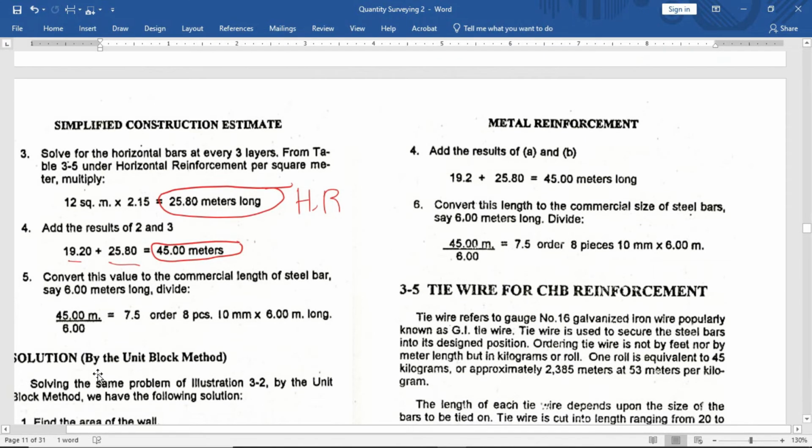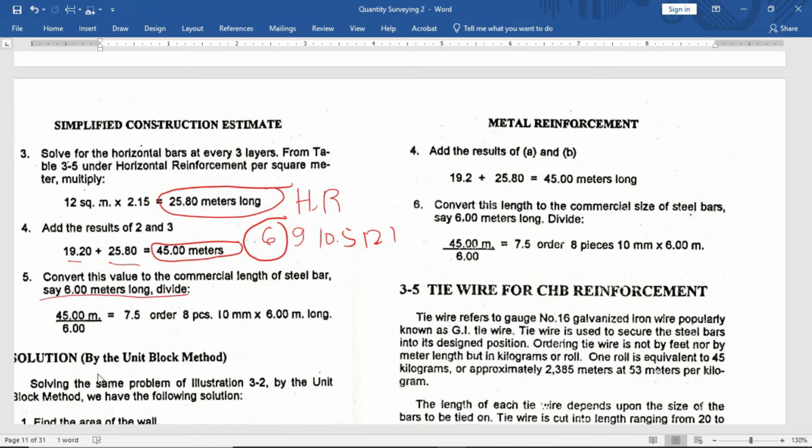Ngayon, may 45 meters na need tayo na bakal. Di ba nga kanina, yung available lang sa mga market natin na mga bakal na length is 6, 9, tapos may 10.5, tapos may 12, tapos may 13.5, etc. Yung kadalasan na ginagamit natin is 6 meters. So, didivide natin kung ilang pieces ng 6 meters na bakal ang bibilhin natin. 45 meters divided by 6 meters, kasi ito yung kadalasan available sa market.